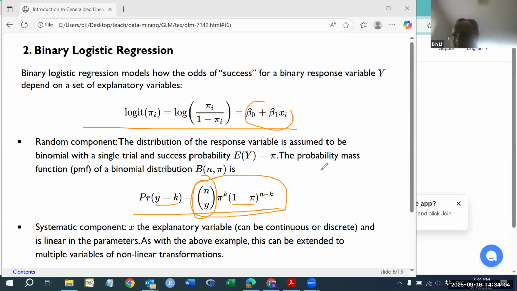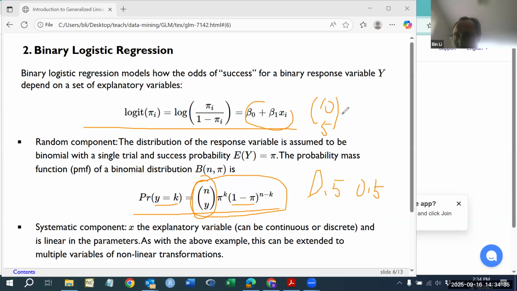For example, for a fair coin, let's say the probability of being head is 0.5 and the probability of being tail is 0.5. I flip the coin 10 times. What is the chance of getting 5 heads? We have 10 trials, 10 flips, and 5 heads.